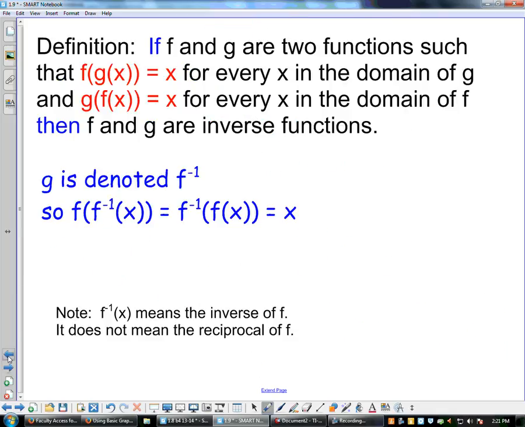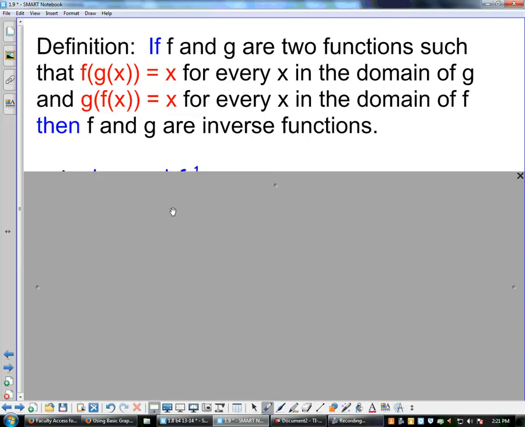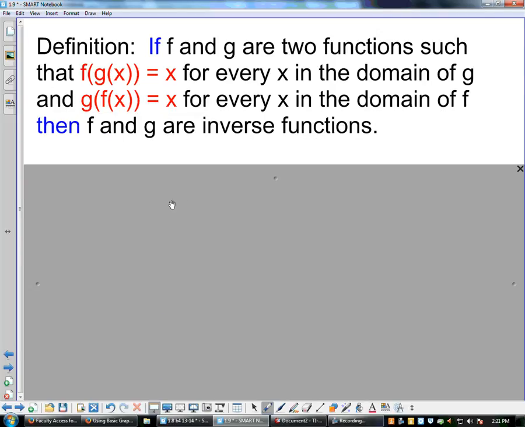So we see it's x. So here's our formal definition for inverse functions. If f and g are two functions, so that we can take the composite f of g and g of f, and we get x both times, then f and g are inverse functions.